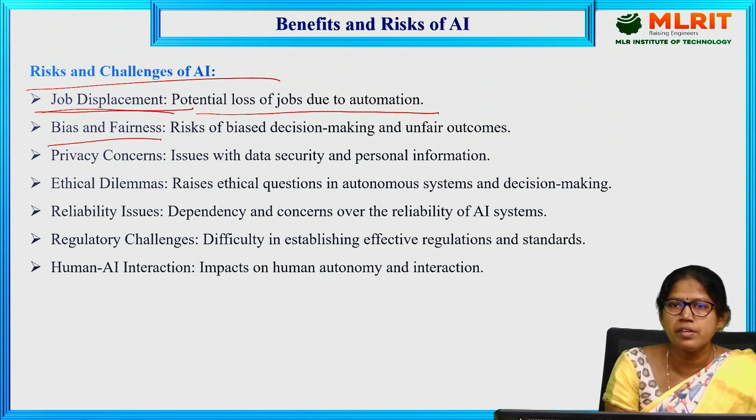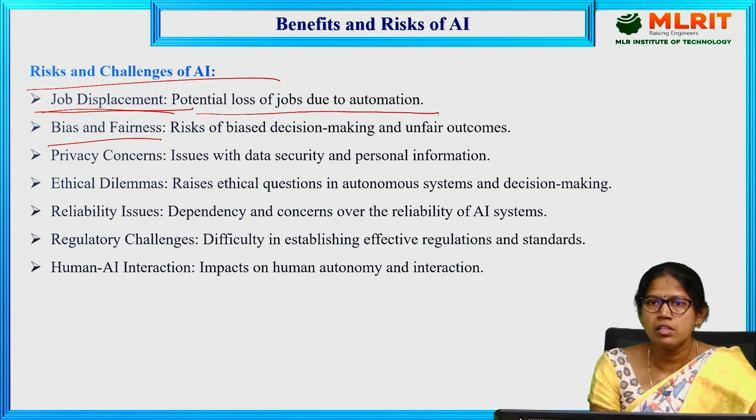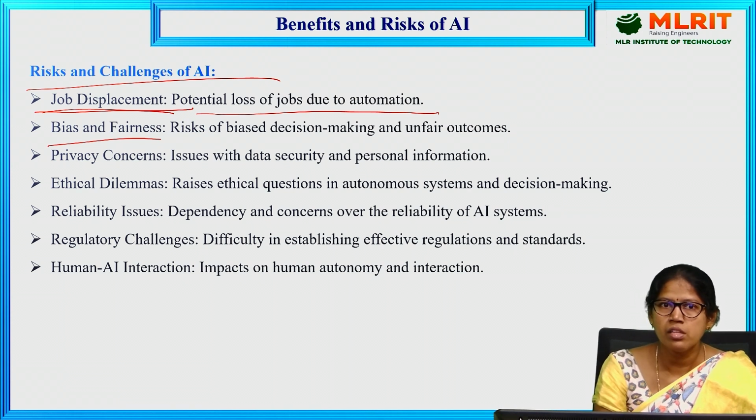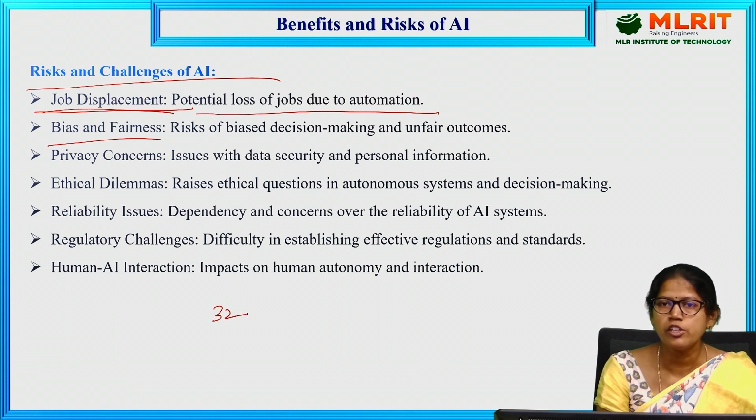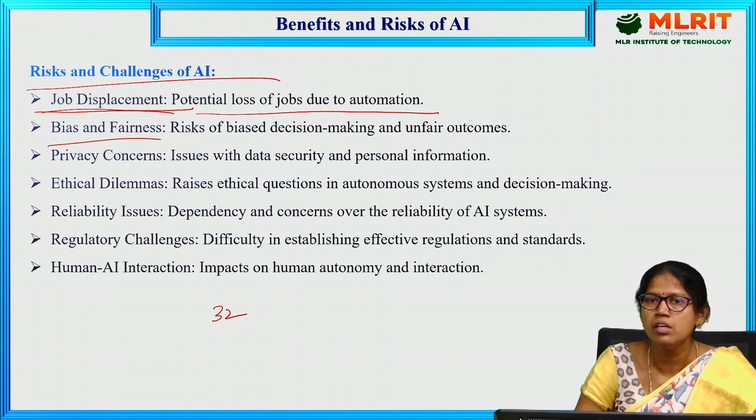Next, bias and fairness. For example, in the previous session, we have already seen if a model is trained on the 32 data, 32 by 32, then it may lead to a somewhat biased result because it is trained on only that part.